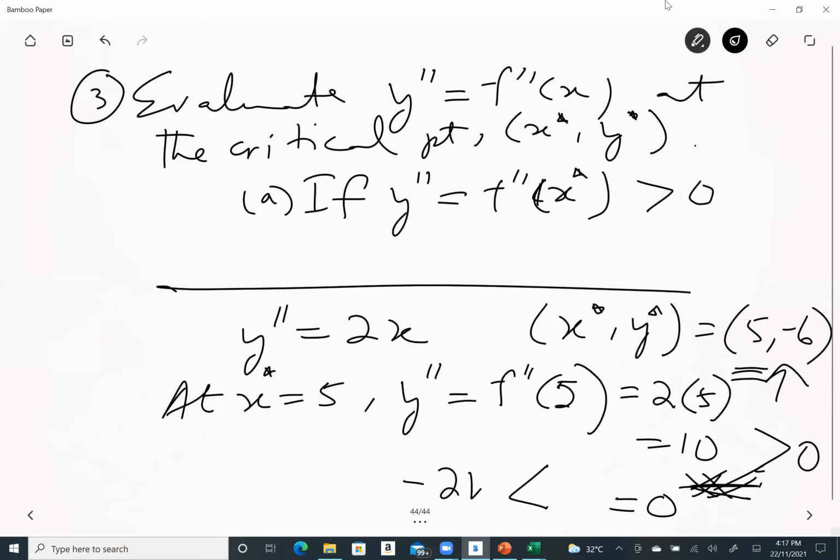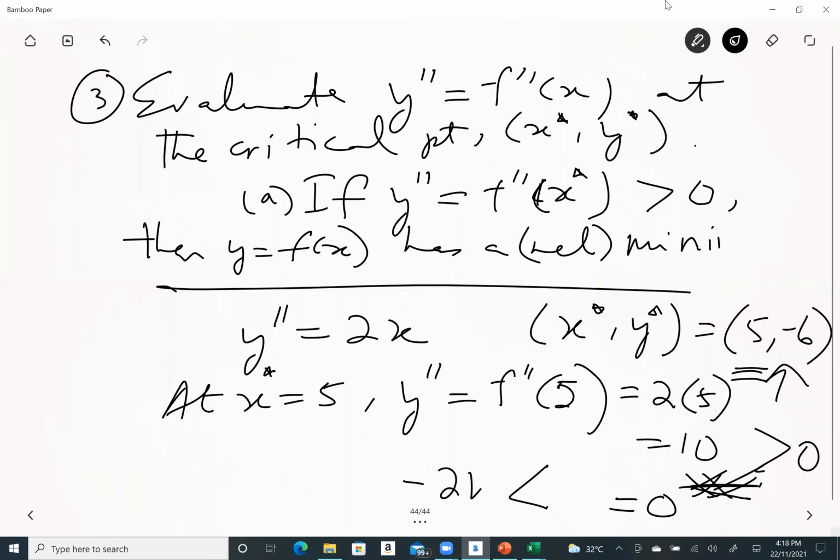Now, if f double prime at x star is bigger than 0, then we can say that y equal to f of x has a minimum at x star, y star.